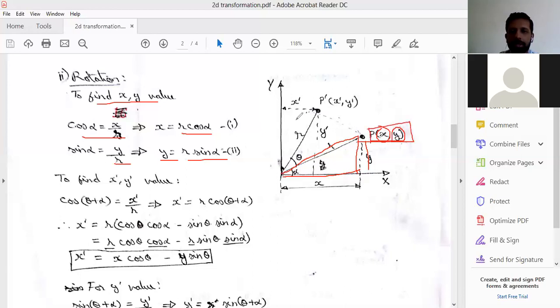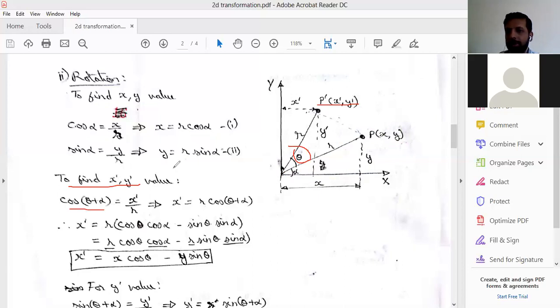Now let us find out, after rotating by an angle of theta, the values of x dash and y dash. So what happens in that case? To find these new values of x and y, let's find the x dash value first.